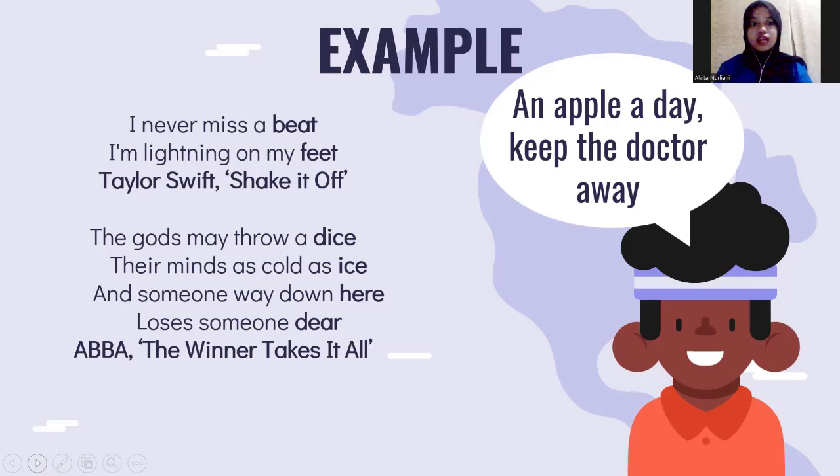For example, in the song Shake It Off by Taylor Swift, beat and feet. And then in the song The Winner Takes It All by ABBA, the first is dice and eyes, here and there. And masculine rhyme also appears in a proverb. For example, an apple a day keeps the doctor away. Day and away.